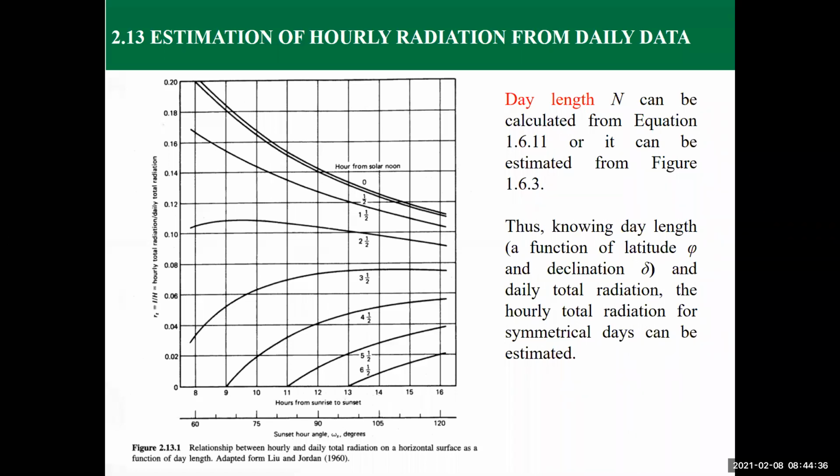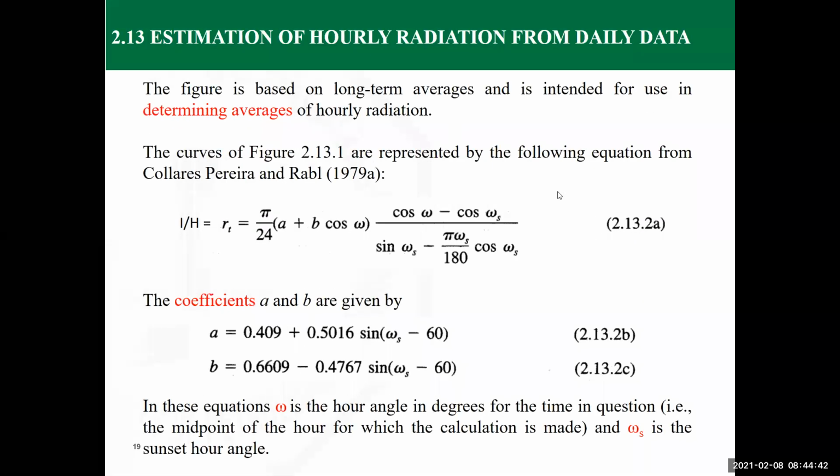And for the correlations, definitely we'll need a little bit of additional values to calculate, which are, for example, related to the sunset hour and the hour angle, as you can see here, omega and omega S.